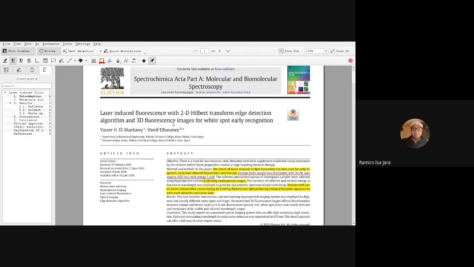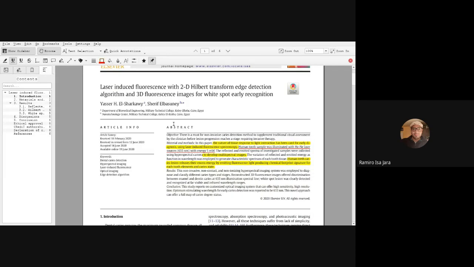Now I'm going to present this paper called Laser-Induced Fluorescence with 2D Hilbert Transform Edge Detection Algorithm and 3D Fluorescence Image with White Spot Early Recognition. In this paper, the authors address the recognition of dental problems in people.